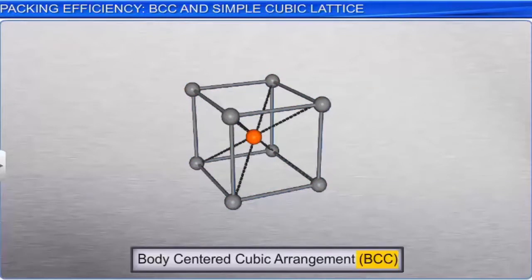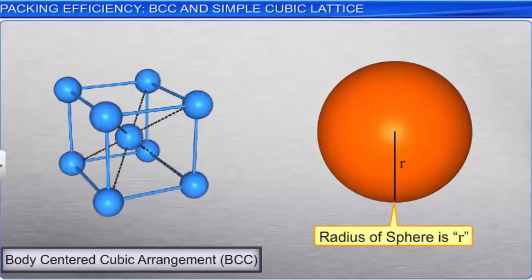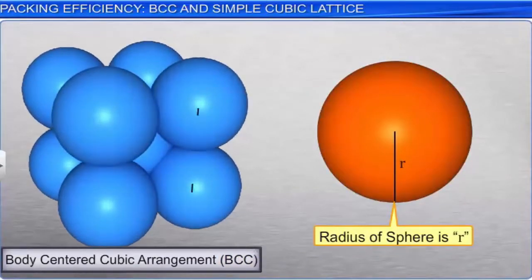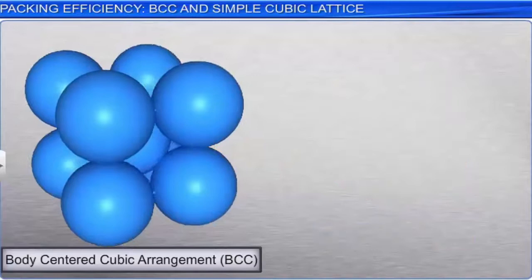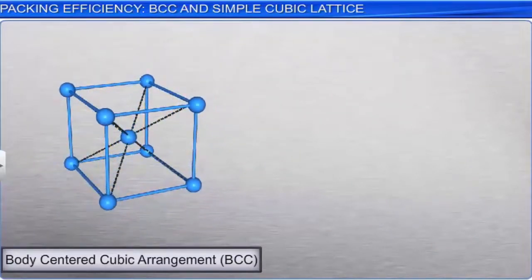Each unit cell has 9 spheres with radius R. The edge length of a unit cell is A is equal to 2R. Among these, 8 spheres are present at the corners and 1 sphere at the body center of the unit cell, as shown here.